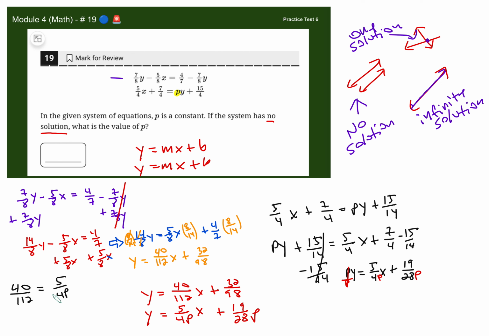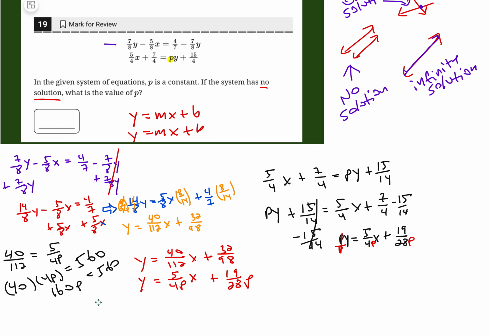We're going to cross multiply. So 40 times 4p equals 5 times 112, which is 560. And 40 times 4 is 160.